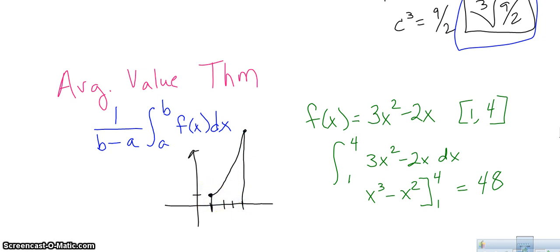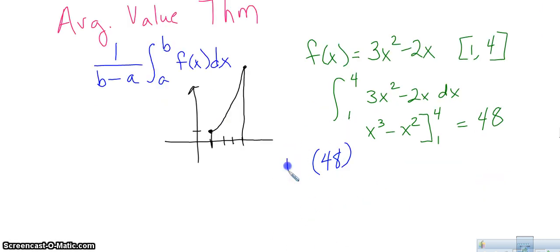So that's the area, but to find the average area, I take the 48 and I multiply that by 1 over 4 minus 1, or 1 over 3, which is 16. So 16 is your average area. So between each block is 16, and that's the average value theorem.